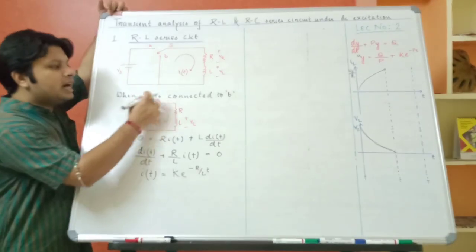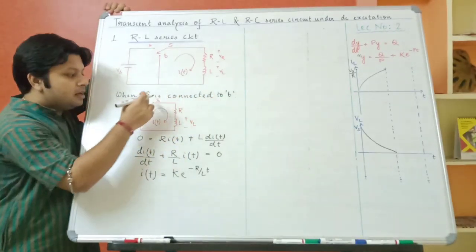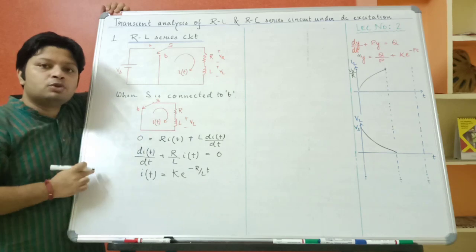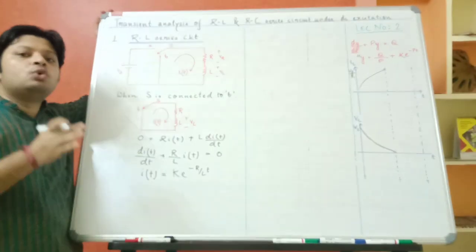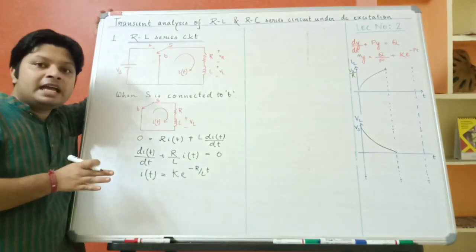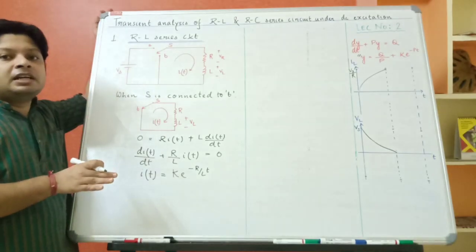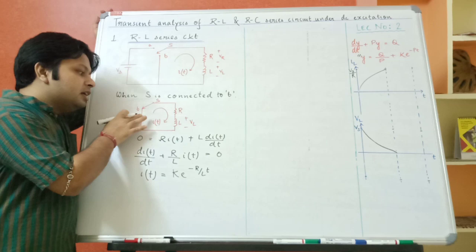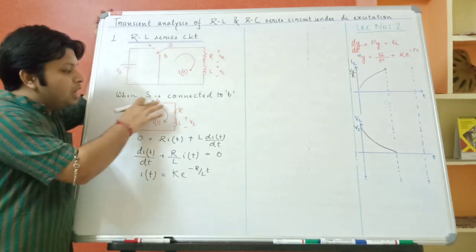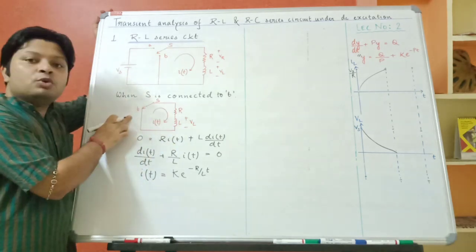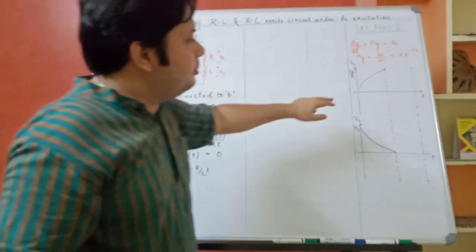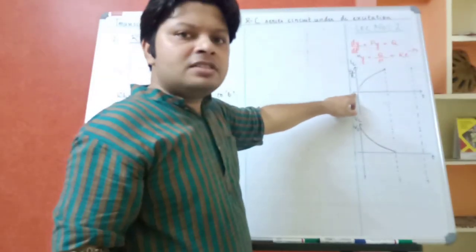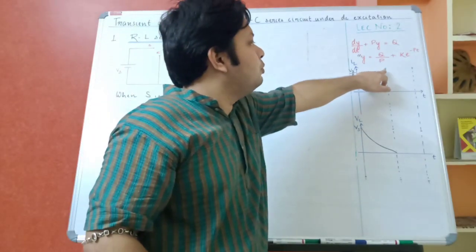Before it was getting connected to position B, my switch was in position A. So the value of current which was flowing through the inductor at position A becomes the initial condition for the current flowing through the RL load when the switch is at position B. Now if you look at the diagram, IL has increased and stopped at which point?